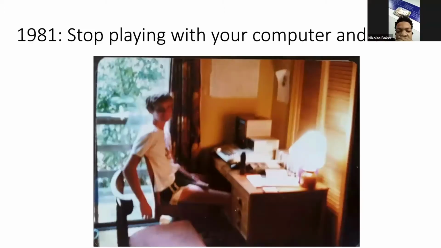Pretty soon after that, I was able to get my own computer, or my dad bought my first computer, an Apple II computer. This is me at the time, 14 years old, and you can see severely undernourished. I think the message here is that I was spending too much time on the computer and not eating enough.